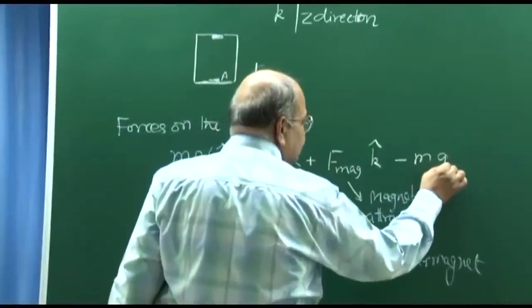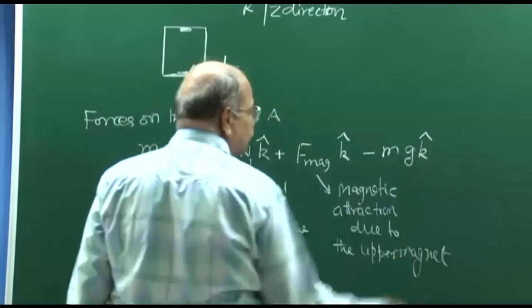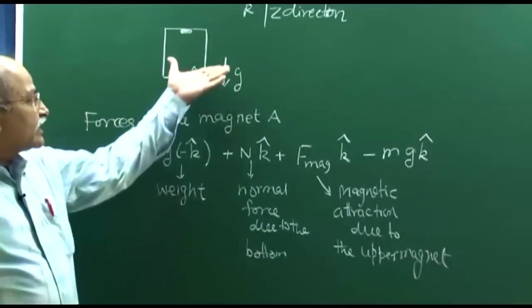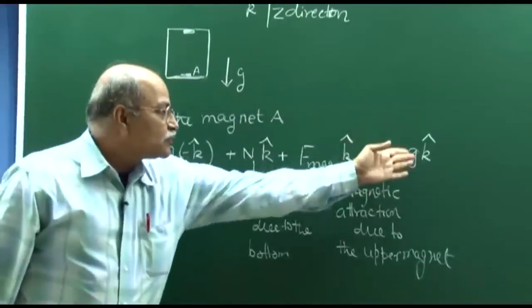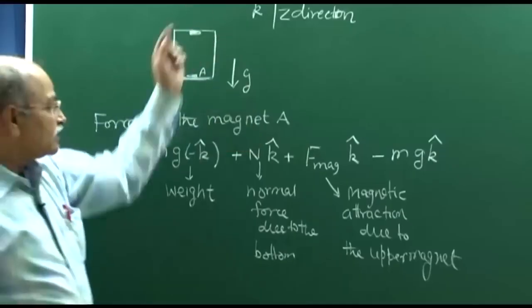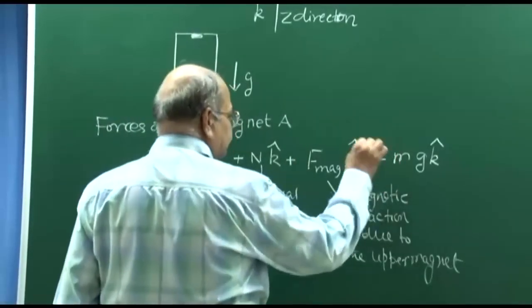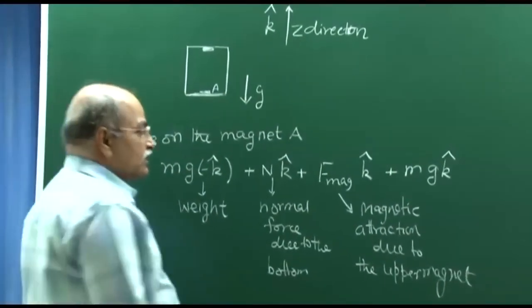So, it is g k cap. Right. So, acceleration is in downward direction and this pseudo force that I am writing is in upward direction. So, plus mg k cap.